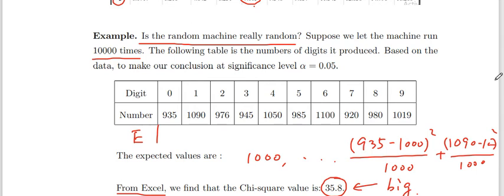This also means the percentages for producing the digits are not the same. They have some difference. So for this question, we just use a chi-square test to answer it.